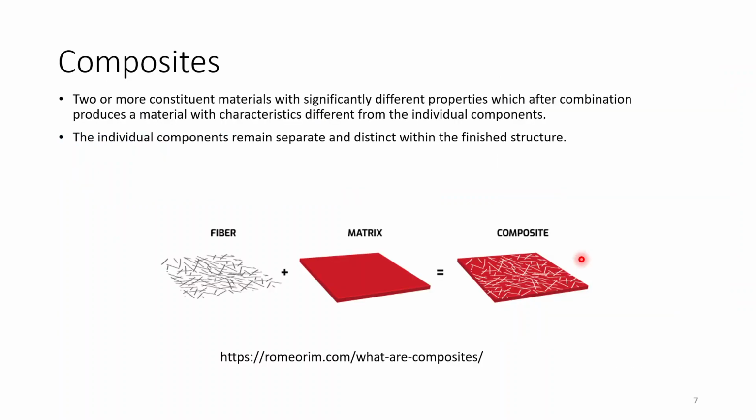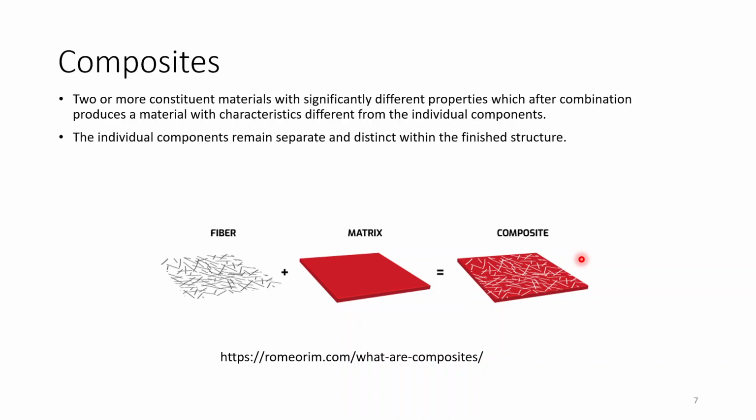Next you have composites. This is the combination of previous categories. If you combine, let's say, polymer and metal, or polymer and ceramic, these will give you composites.